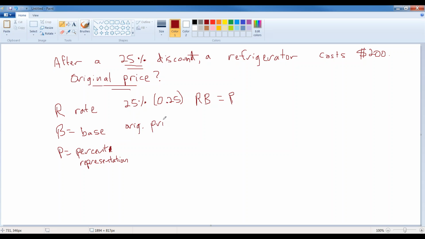The base would be the original price. And the percent representation would be the number that we are looking at over here. Now, the refrigerator in this case costs $200. So if we figured that out, if we, for example, said the rate, which is 25%, which is 0.25, times the base, which we don't know what it is, so we'll just leave it at B.